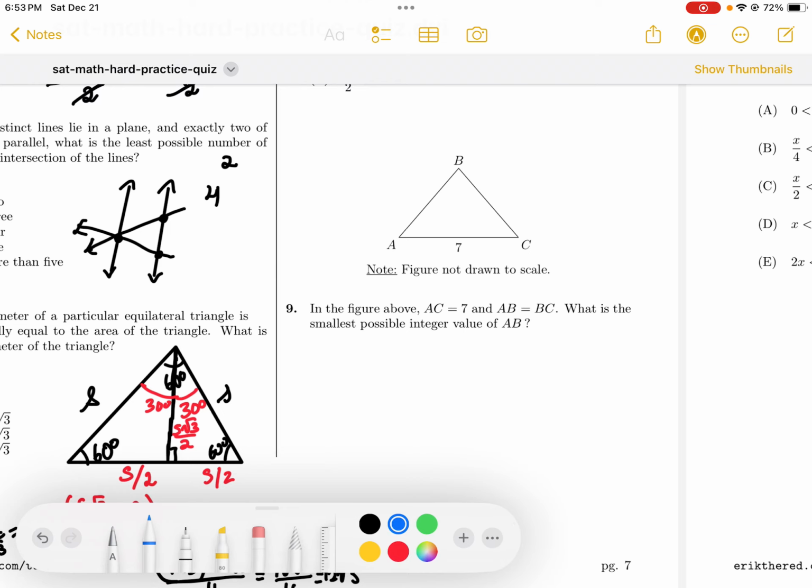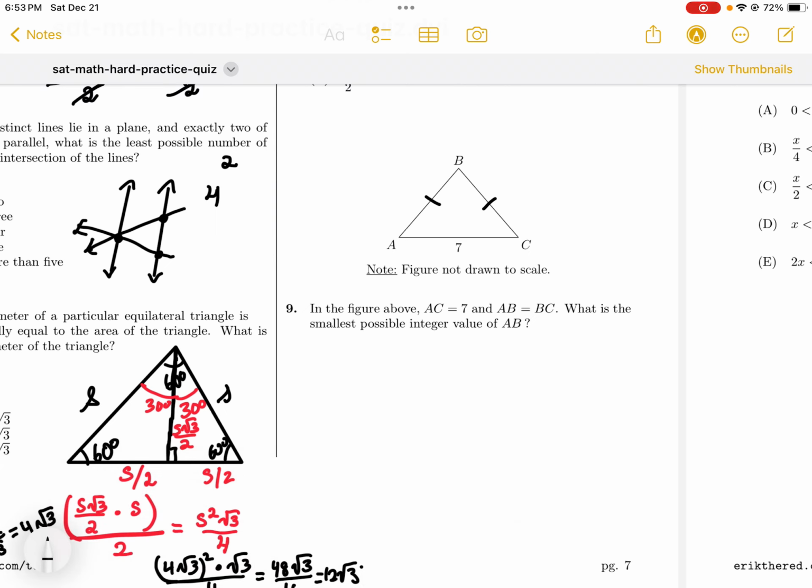Alright, number 9. In the figure above, AC equals 7 and AB equals BC. What is the smallest possible integer value of AB? Now, they asked for the smallest possible integer value, which means we're probably going to have to use an inequality here to determine a bound for AB.